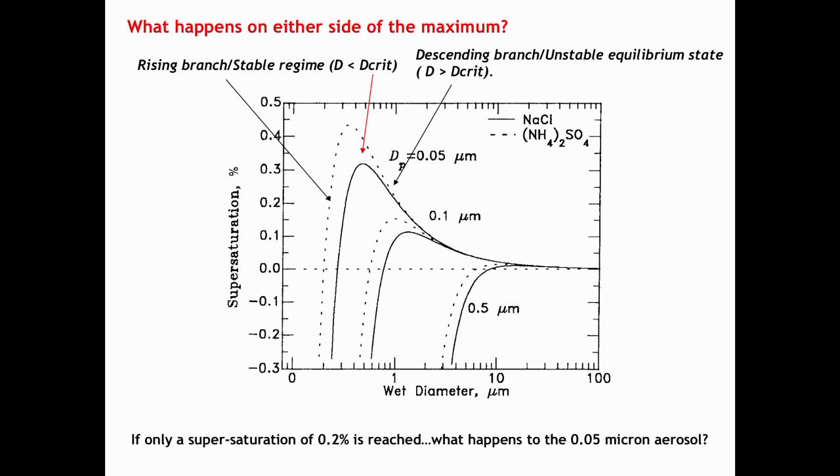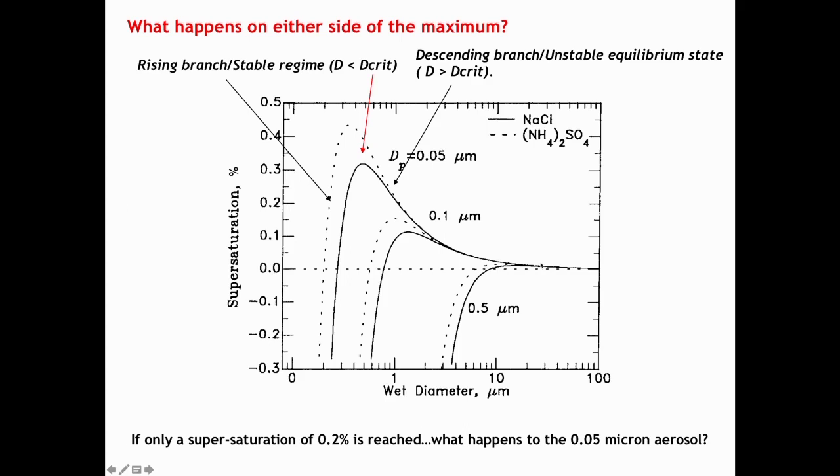And you can have multiple curves. So if you have a particle that's got a diameter of 50 nanometers, it needs more critical supersaturation than a particle of 100 nanometers in order to become a cloud droplet. Because of the Kelvin term, there's less resistance to growth of a larger particle because it's not as curved, so it doesn't need as much supersaturation to become a cloud droplet.